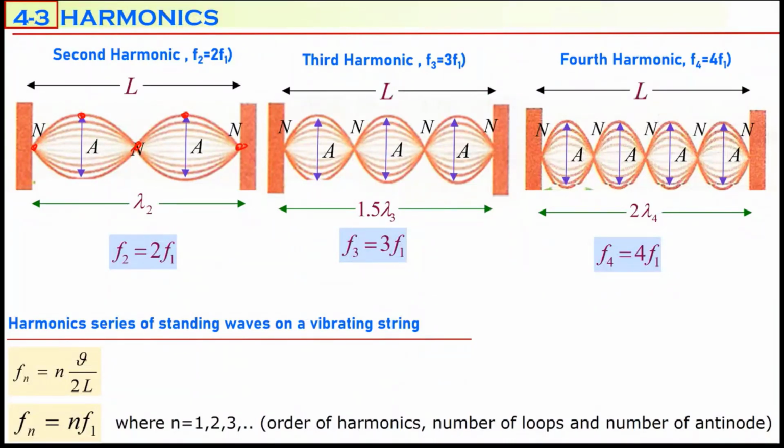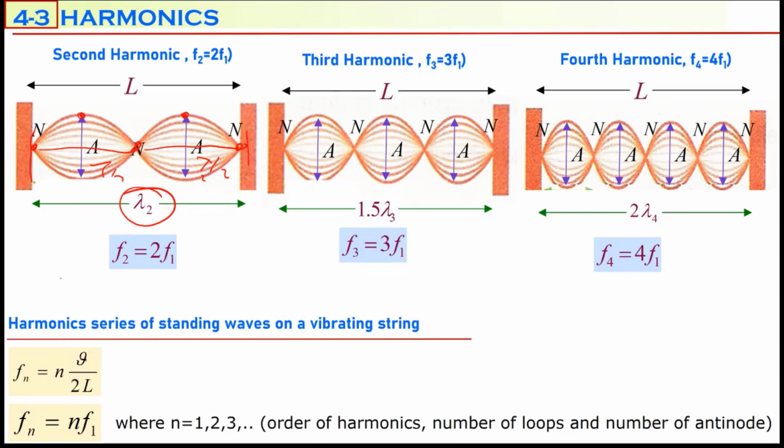Let's do it in here. I will make it again. So from node to node, lambda over 2. One more lambda over 2 in here. Lambda over 2, lambda over 2. When you add them, it becomes lambda. So the length of the string is equal to 1 wavelength.